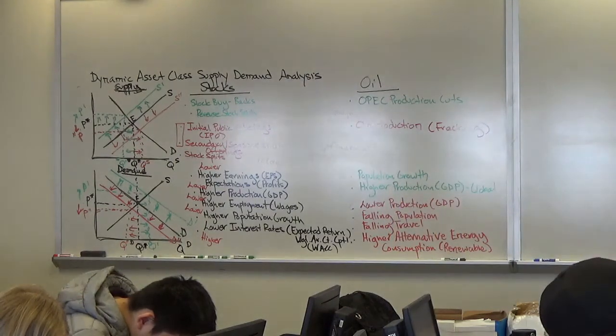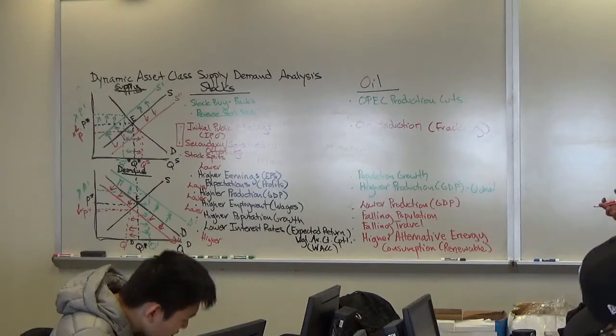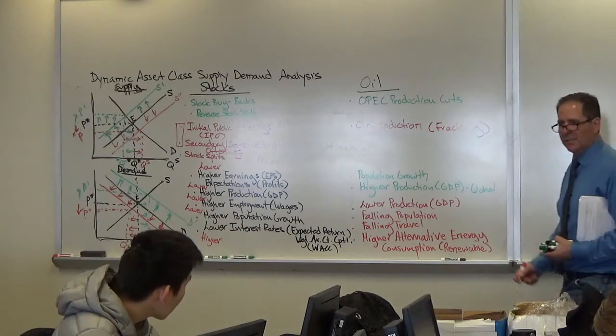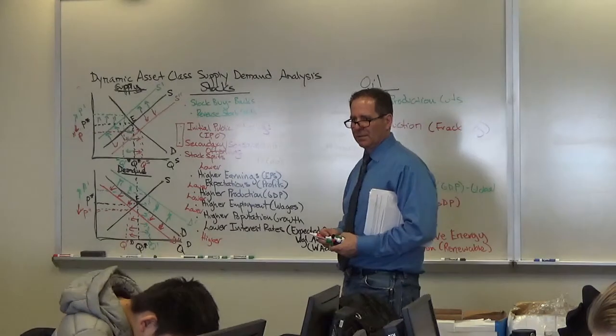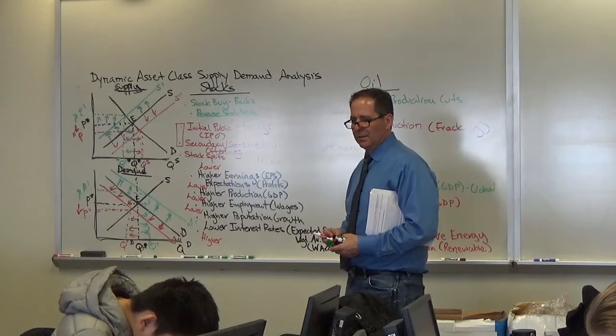I don't need a lot of factors, but maybe when you do your research, you'll find some other ones that are missing. Yes, sir. Can overproduction also make demand go down?